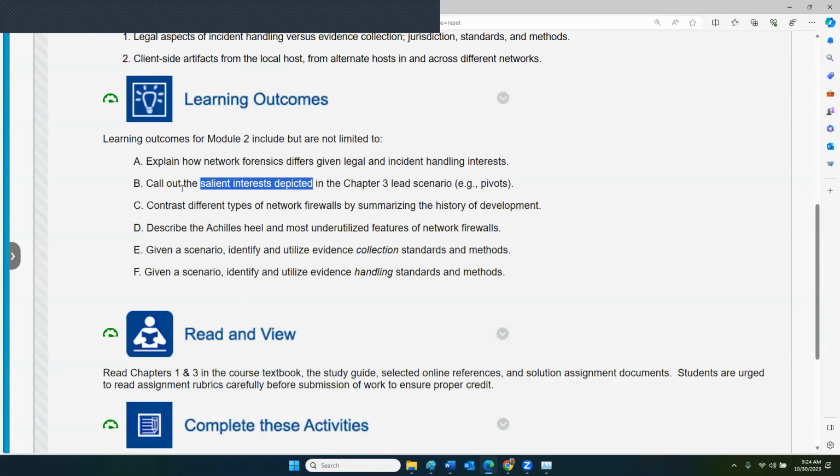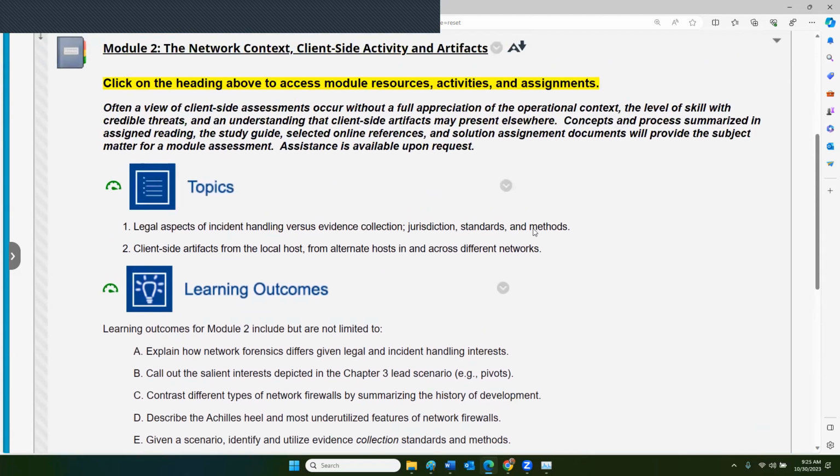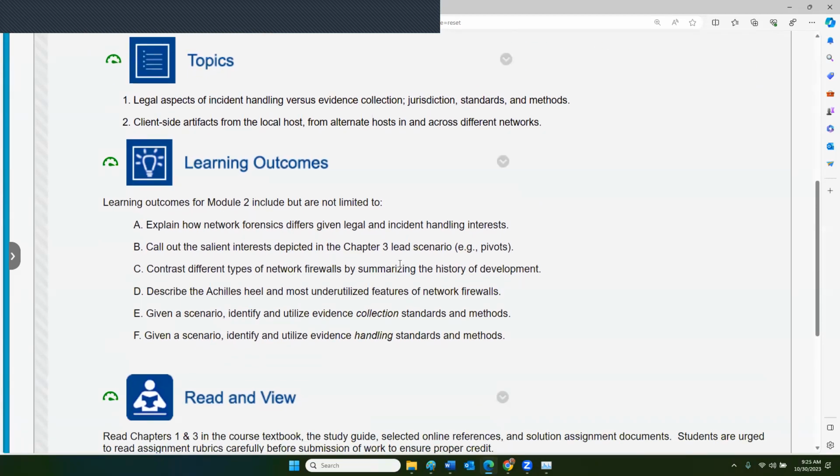So one of the things that we discussed and reviewed so far is this idea that other hosts and devices are of interest. So even though we're collecting host side artifacts, right? Client side activity, client side artifacts. The focus is not just a given individual machine, you have to look beyond that. You have to look to other devices and systems to see whether or not there's related activity or suspicious activity.